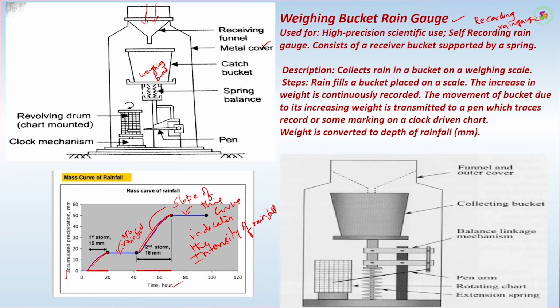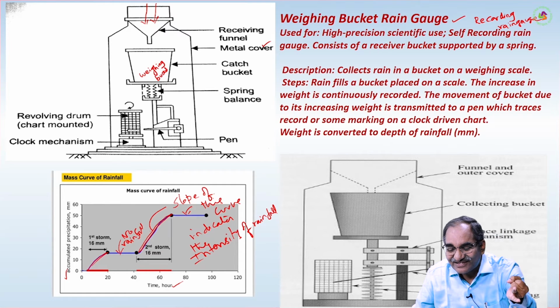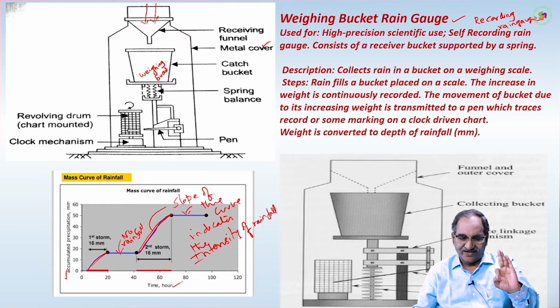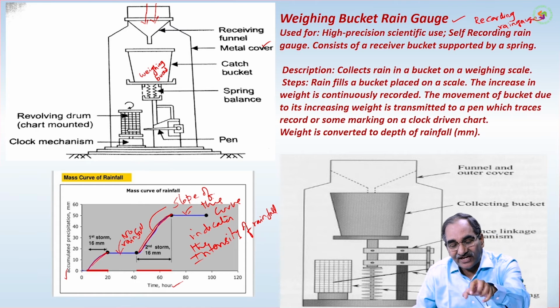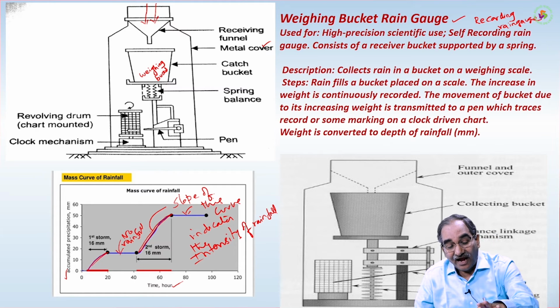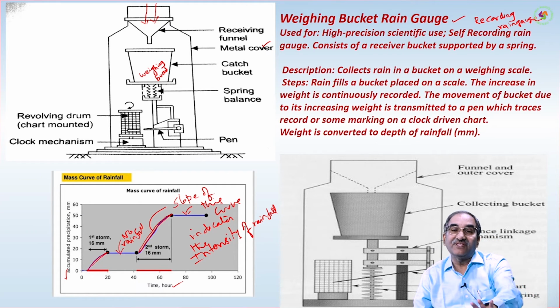So it measures the rainfall, and it measures the intensity of rainfall. That is the advantage. And is any human being required here? Absolutely not. It is directly a self-recording device, and directly this drum is with us.